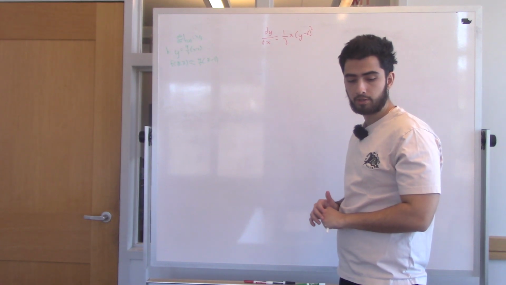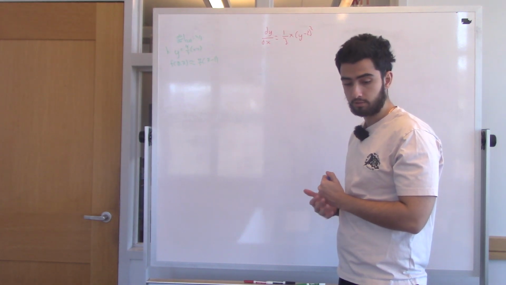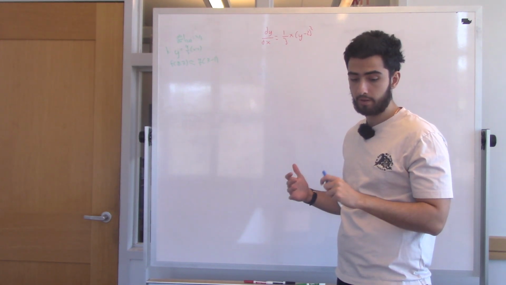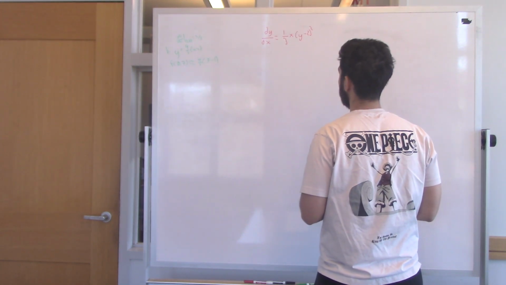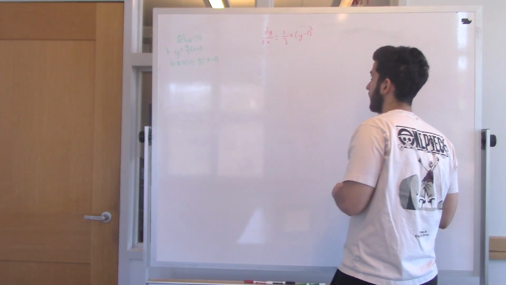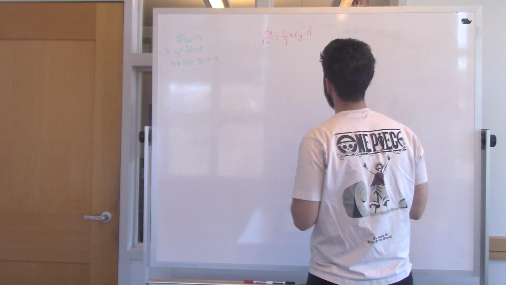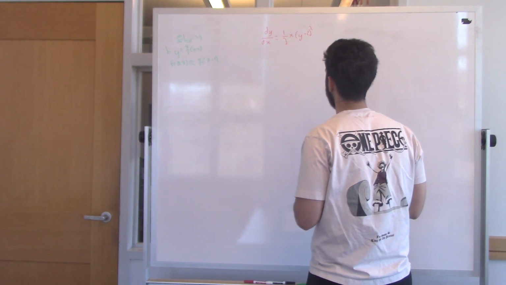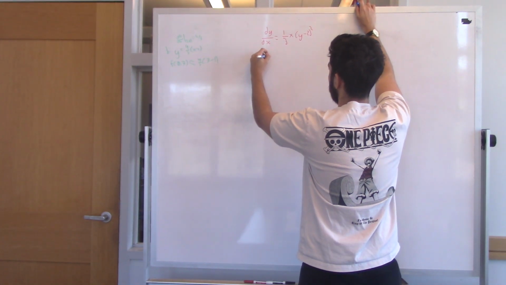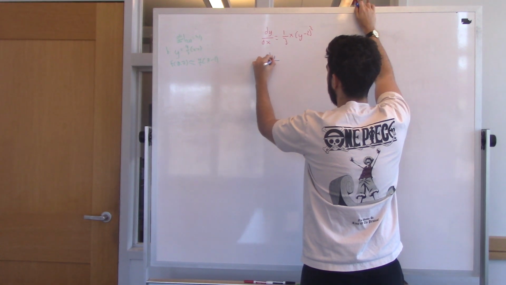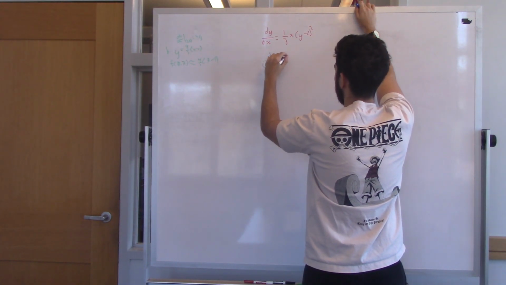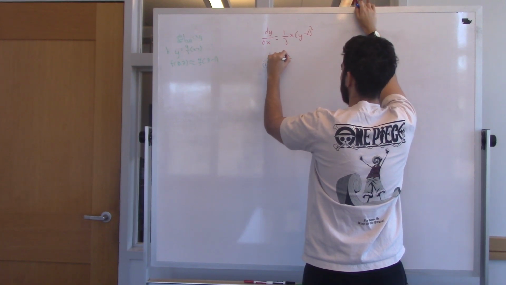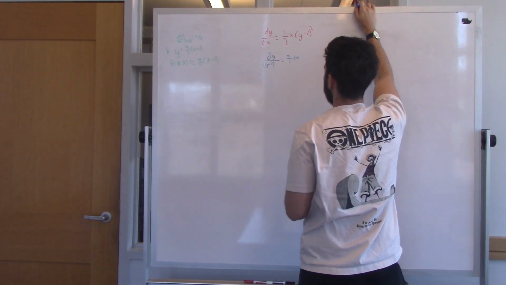Alright, and now for part C, we're just asked to find the particular solution given the same initial condition of f of 1 equals 0. Okay, so let's do that. Let's multiply both sides by dx and divide both sides by (y minus 2) squared. So we get dy over (y minus 2) squared equals x over 3 dx.